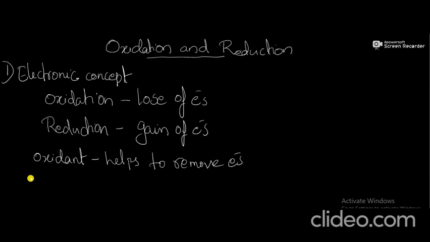Whereas a reducing agent, or reductant, is one which donates electrons to a species and thereby brings about its reduction. Simply, a reductant helps to accept electrons, thereby bringing about its reduction.